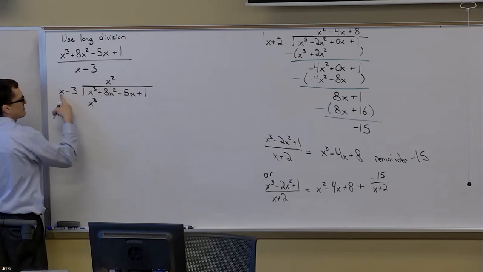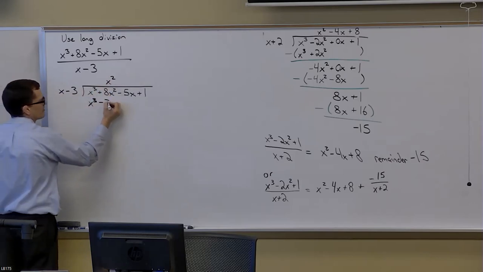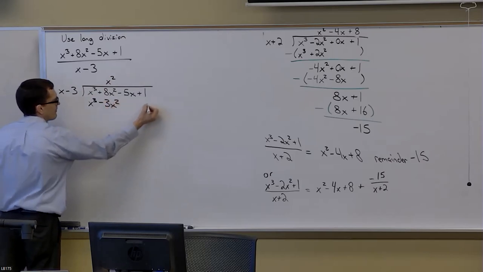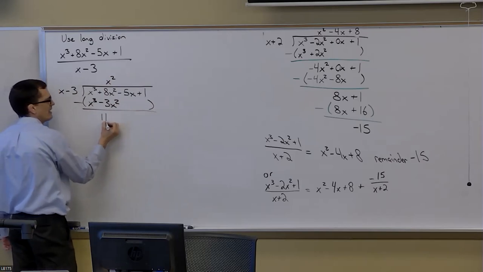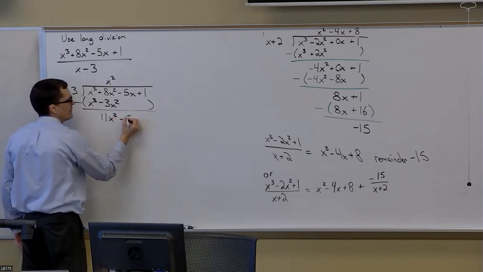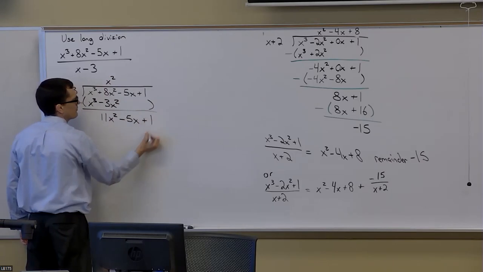x squared times -3 is minus 3x squared. Subtract that whole thing. I get 11x squared minus 5x plus 1.